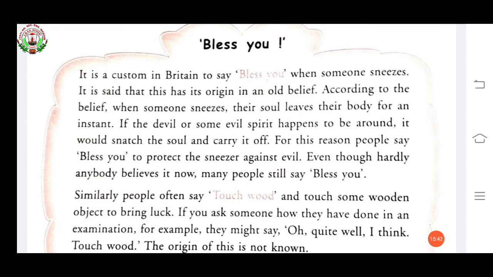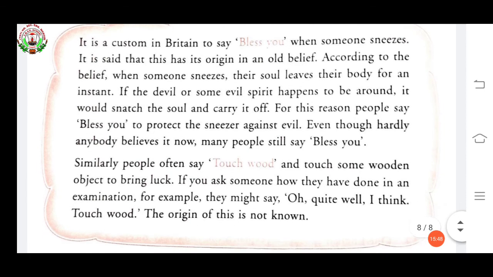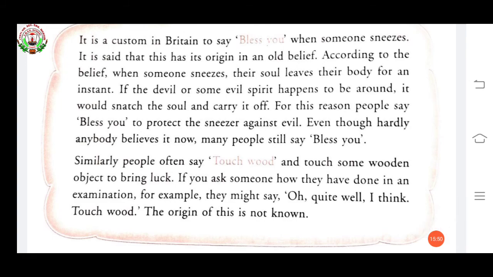Even though hardly anybody believes it now, many people still say bless you. Similarly, people often say touch wood, and touch some wooden object to bring luck. If you ask someone how they have done in an examination, for example, they might say, oh, quite well, I think, touch wood. The origin of this is not known.